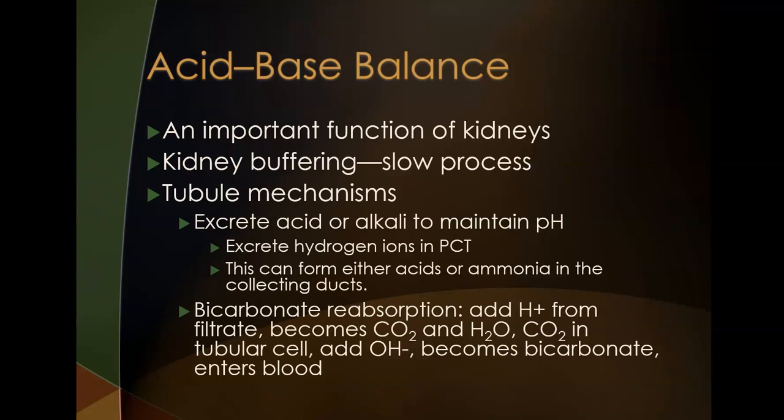And so, if you have a metabolic acidosis, your bicarb is being used up by combining with hydrogen ions. So we really need to keep as much of these bicarbs as possible. The kidneys have a system to reabsorb as many as we can.